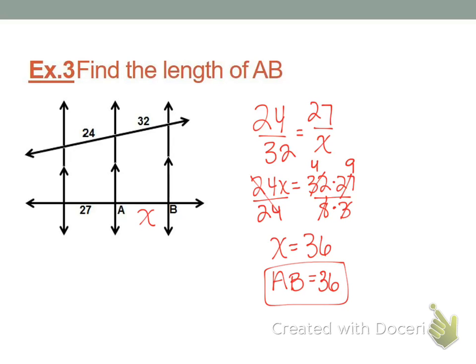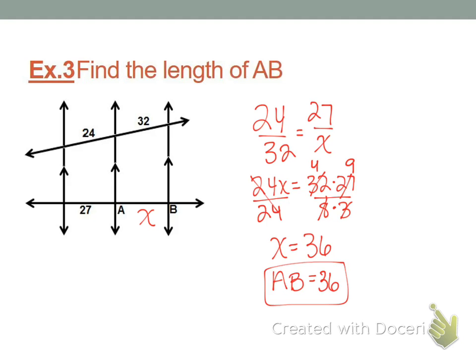Now, when you do problems like this, and I could have mentioned this before, you should be able to check the reasonableness of your answer. How does 24 compare to 32? 24 is... How does it compare?